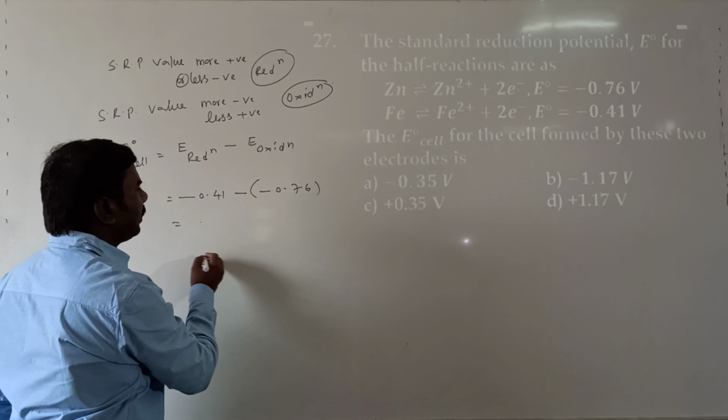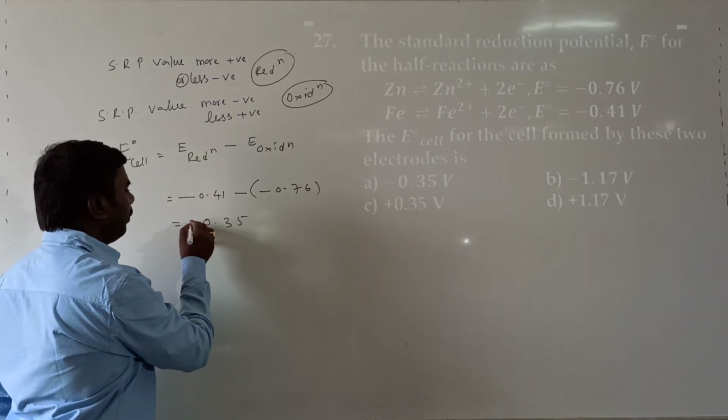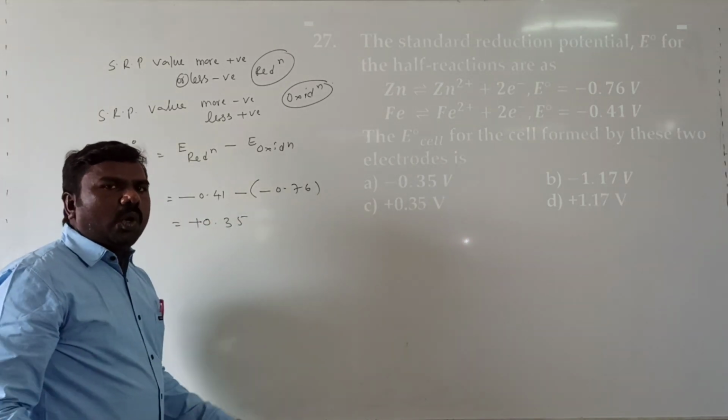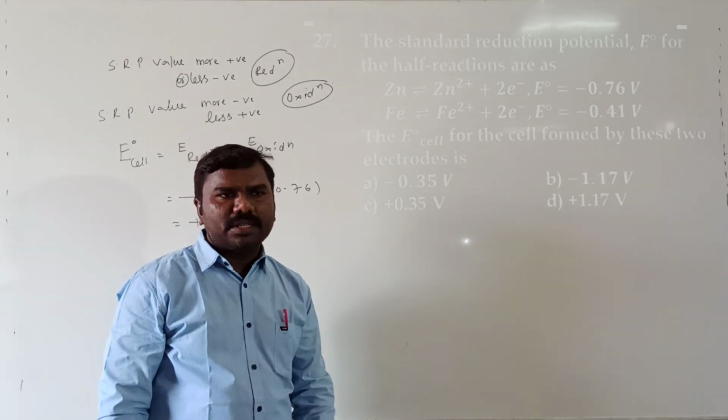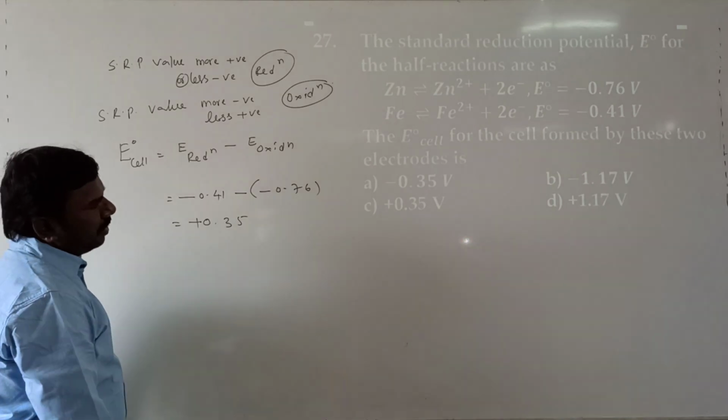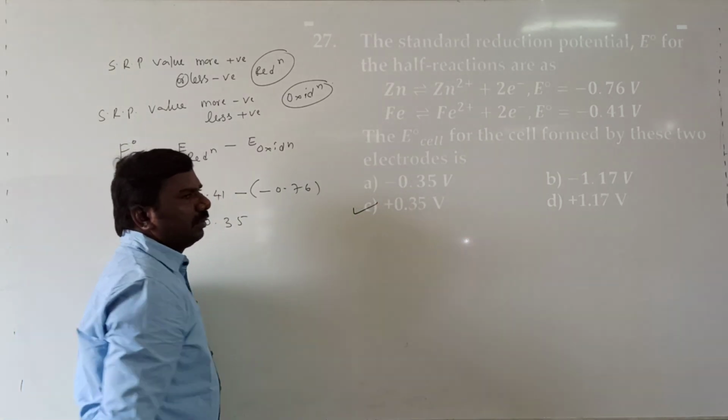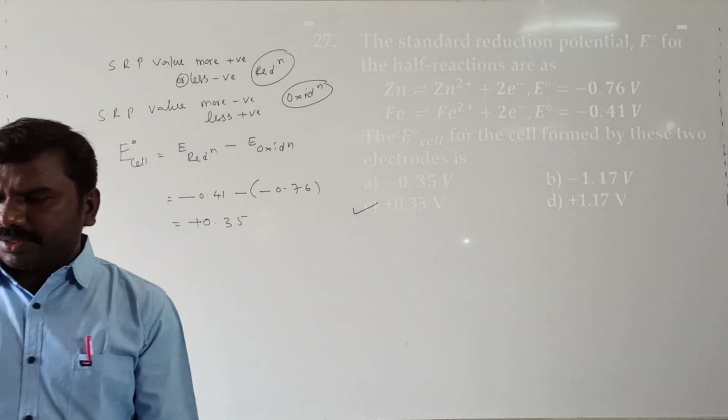That gives plus 0.36. Lower value minus higher value, then you get E0 cell. So the answer will be C. Next.